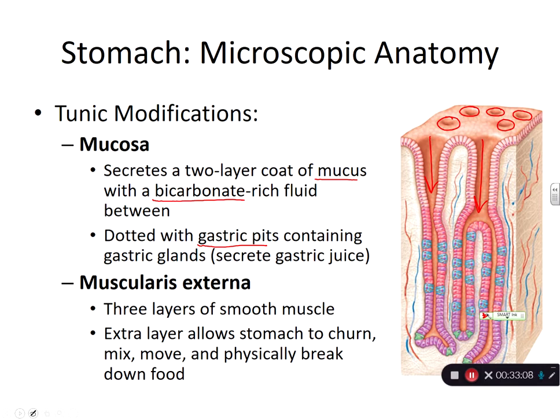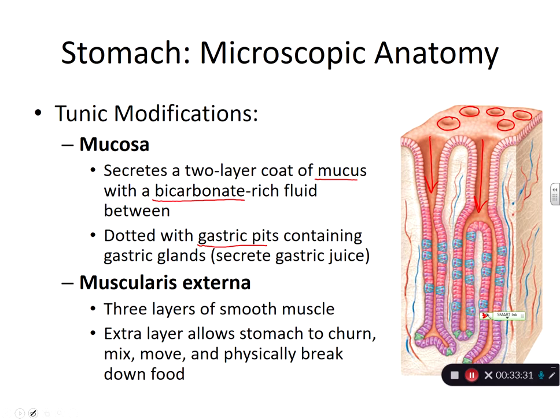So we have a mucosa, slightly different in the stomach, has bicarbonate-rich mucus in it and some gastric pits. A submucosa, which looks exactly the same throughout the alimentary canal. And then the muscularis externa in the stomach is a little different. The muscularis externa normally has 2 layers of muscle, right? Longitudinal and circular.